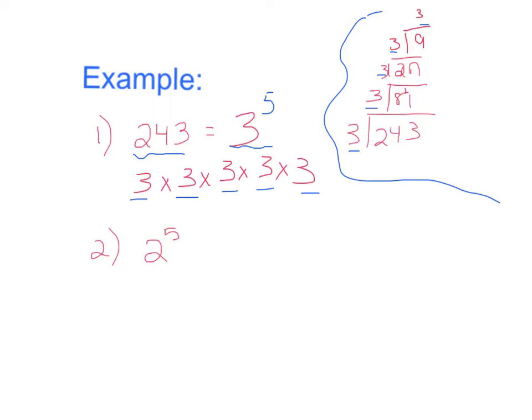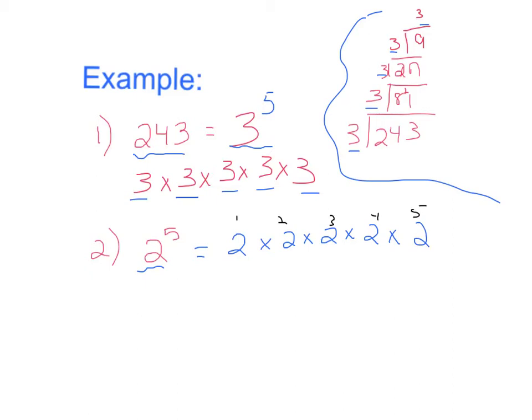Okay, I'm going to go in the reverse. 2 to the 5th means 2 times 2 times 2 times 2 times 2. The 2 is repeated 5 times. So I have 1, 2, 3, 4, 5 times.